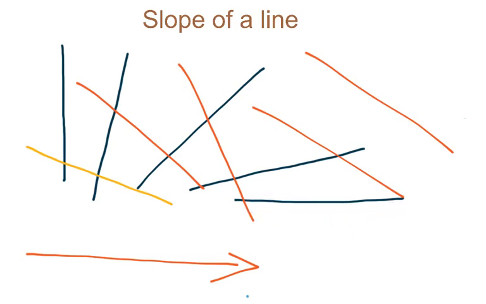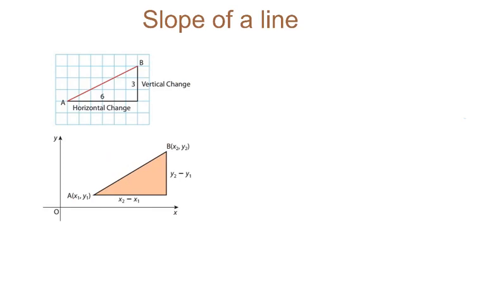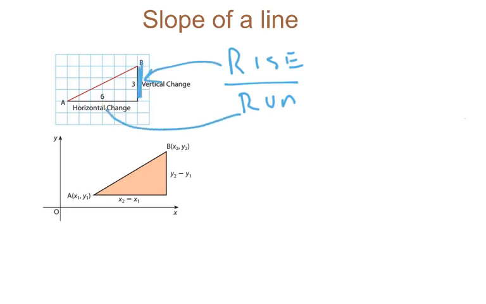Okay, so to work out the slope of a line, what makes it steeper is if there's more high bits, if the vertical change is bigger than the horizontal change, it becomes steeper. So the equation is the rise over the run, the rise divided by the run, where this bit here is the rise, and in that case there'd be 3 of them, and this bit here is the run.